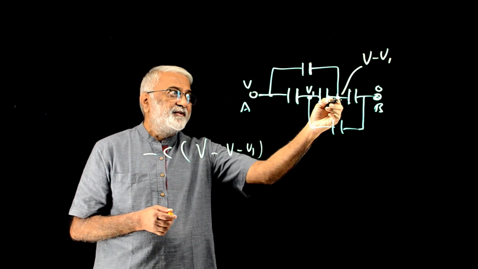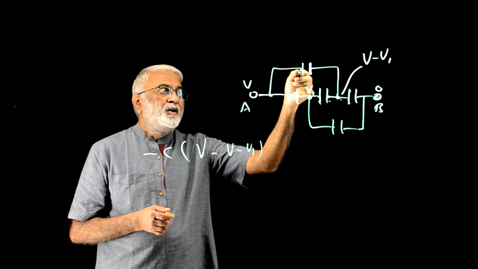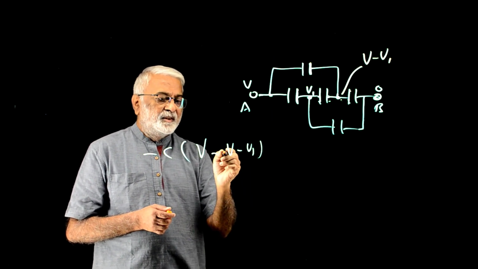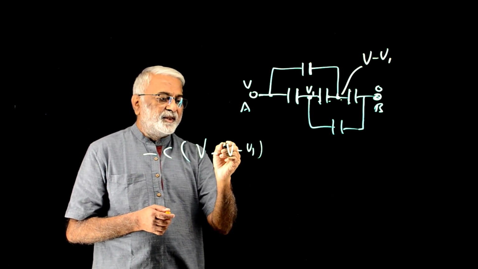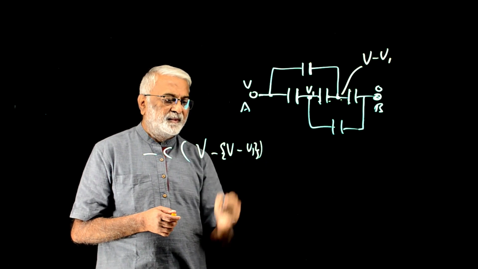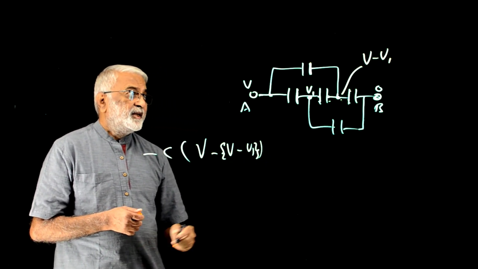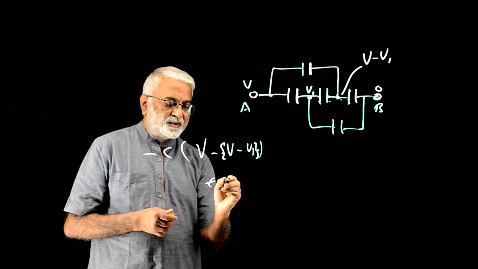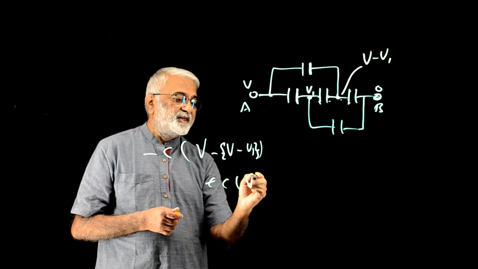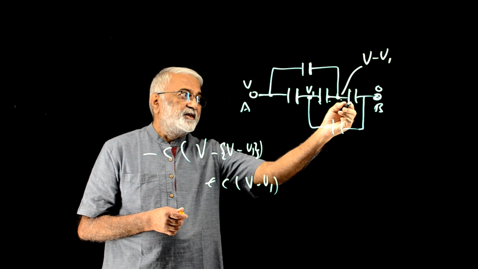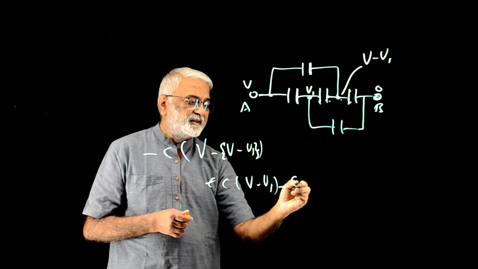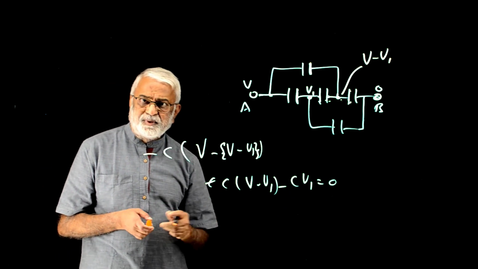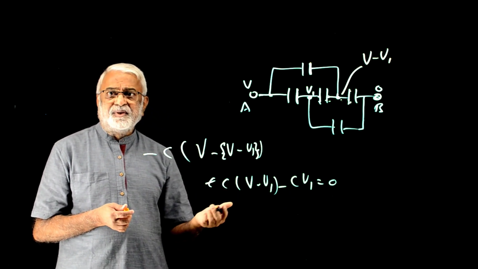This is V minus V1, this V, so potential difference is V minus V1. So this is together, right? And then what is the charge on this? Plus C into V minus V1. Charge on this. And this minus CV1. This adds up to 0. Solve for V1 in terms of V.